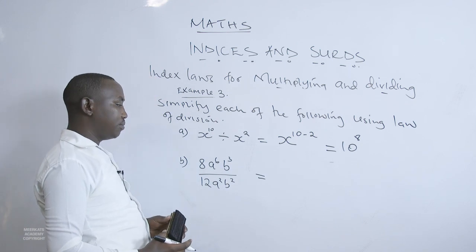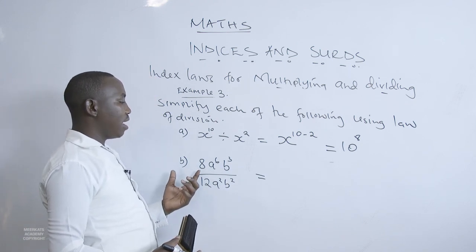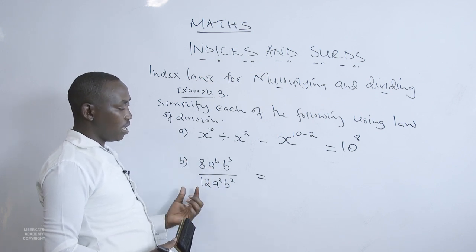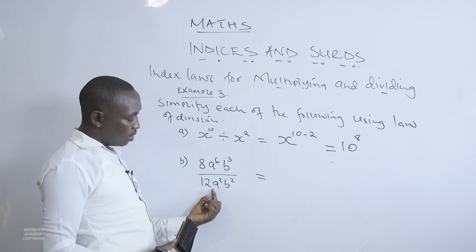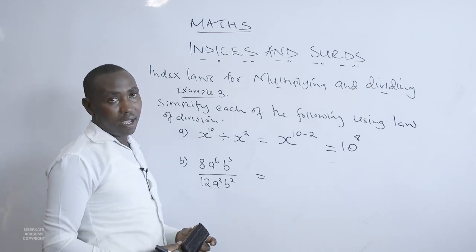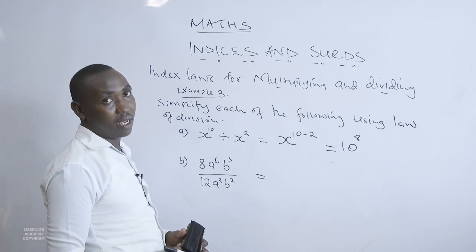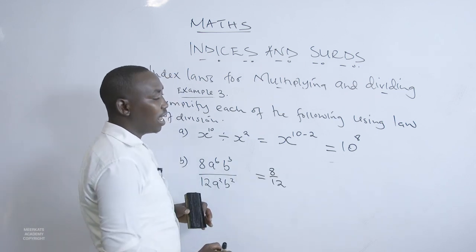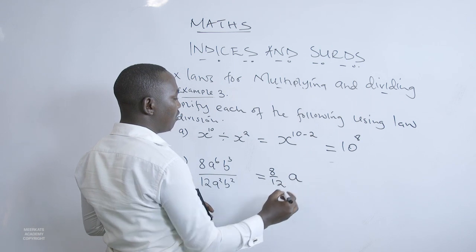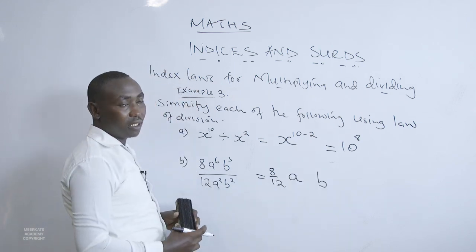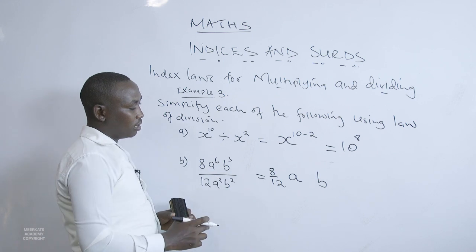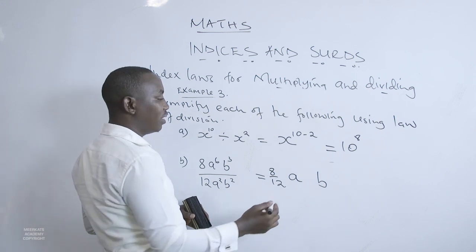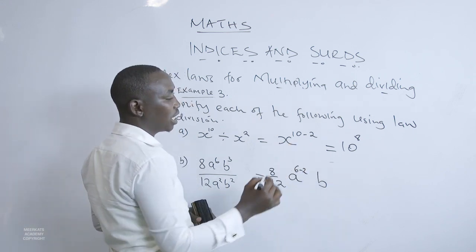For this other case, we are having 8a raised to 6, b raised to 3, which is being divided by 12a squared b squared. So the factors here, these are constants, 8 over 12. So I can begin by writing that. Then we have the factors a and the factors b. a raised to power 6 is being divided by a raised to power 2. So we get the difference of the powers. This shall be 6 subtract 2.